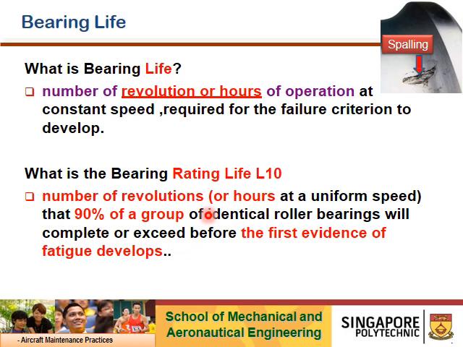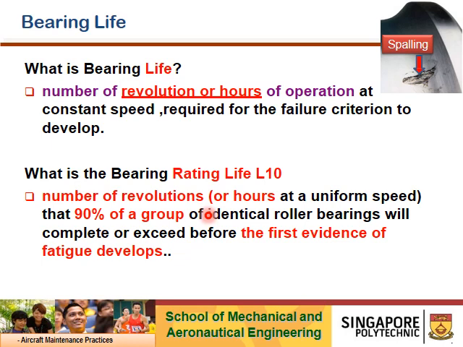Assuming the bearing is supposed to operate at 1 million revolutions till it fails, based on the L10 criteria, 9 bearings should exceed that 1 million revolutions. Maybe failure will start after 1 million revolutions, and that one bearing may fail before 1 million. This is how they quantify their quality.